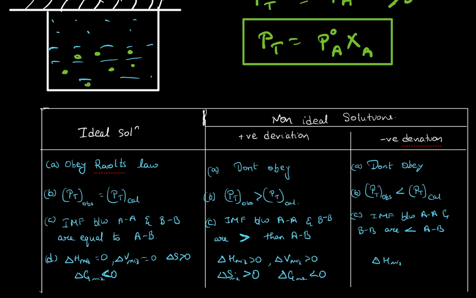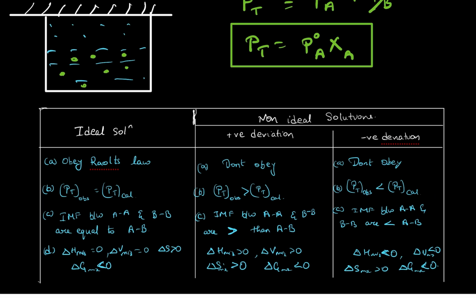And here delta H mix is less than 0, delta V mix is less than 0, delta S mix is greater than 0, delta G mix is less than 0. So this is the difference between ideal and non-ideal solution when you talk about positive and negative deviation. This is the concept.